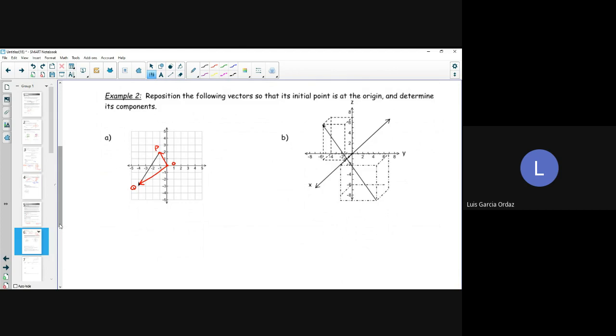So I need to somehow figure out how to get vector OP. Based off the information I have so far, I know P is equal to -1 and 2, and I know Q is equal to -4 and -3, based off the points of my two-dimensional shape.